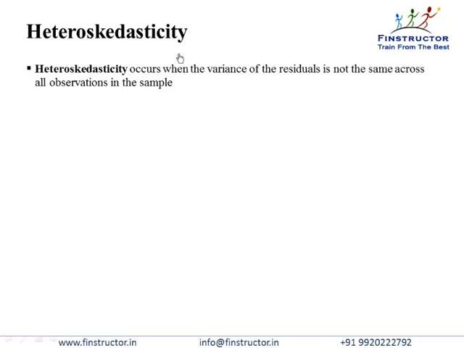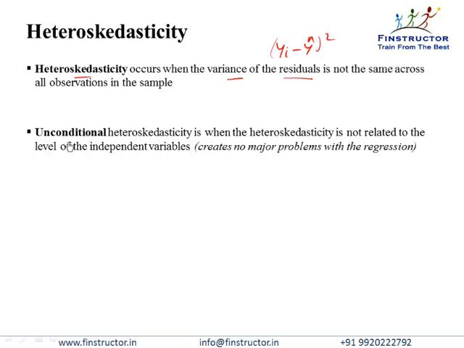So heteroskedasticity is the condition when the variance of the residuals, which is simply the error term or the unexplained error, that is the actual value of the dependent variable minus the predicted value, is not constant across all observations. Unconditional heteroskedasticity is when the variance is not constant, however, it is not related to the level of the independent variables also.